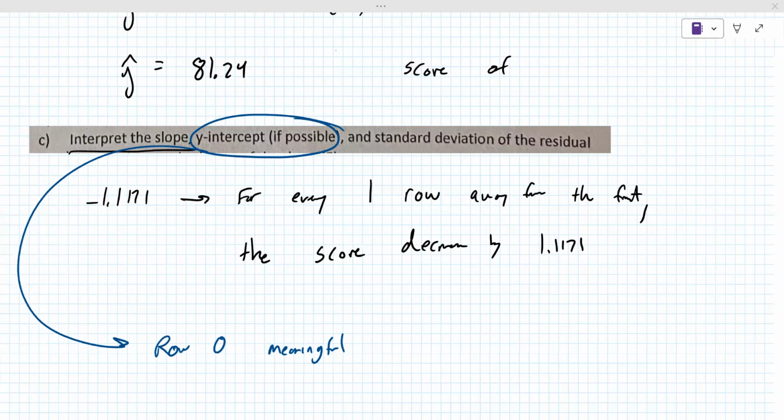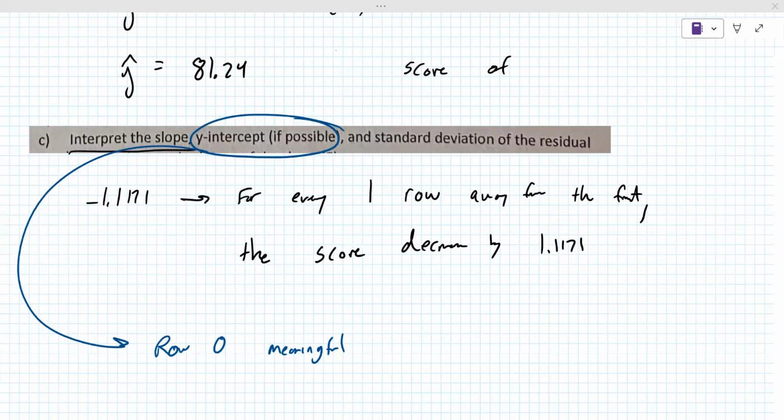For score and row, it says as students sit further away, as they increase row number, the predicted score goes down by 1.1171. Typically, predictions of score will be off from the actual values by 10.063 on average.